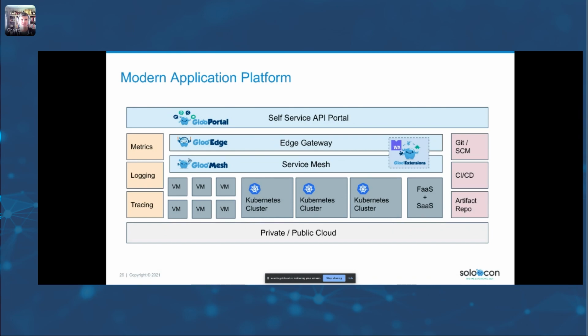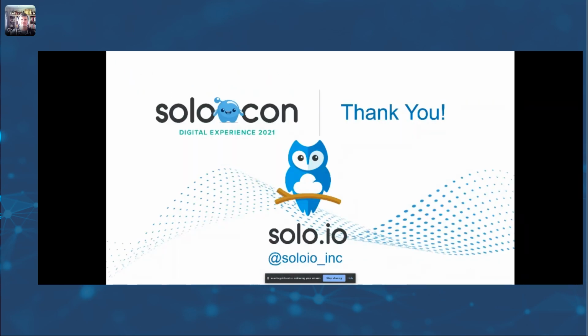Maybe you choose to run some workloads on a public cloud with a particular version of a service mesh, and maybe on-prem a different Kubernetes distribution with a different version of Istio. Simplifying and tying all those things together is exactly what we do here with the Glue product line, hence the name Glue. And we focus on getting folks up and running with a service mesh.